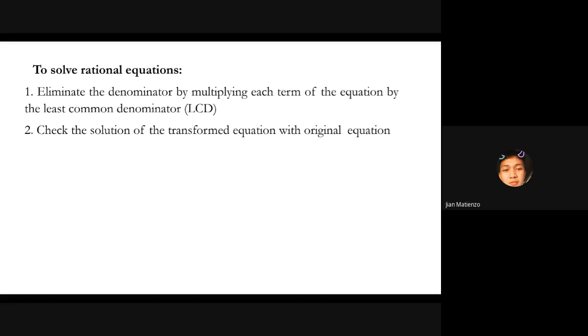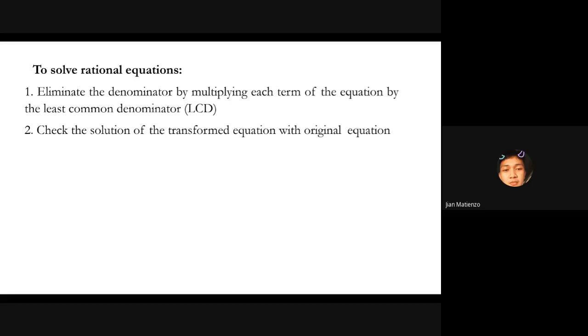The first one is to eliminate the denominator by multiplying each term of the equation by the least common denominator, or called the LCD. Then the second one is to check the solution of the transformed equation using the original equation.